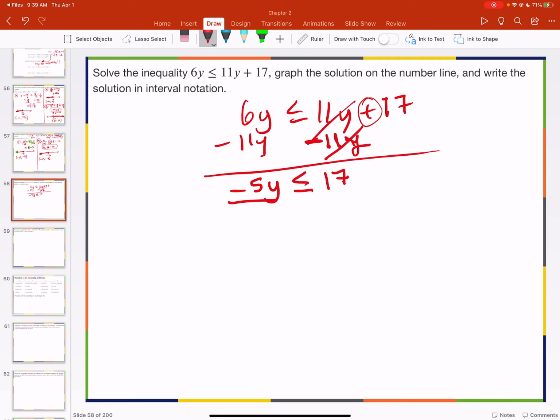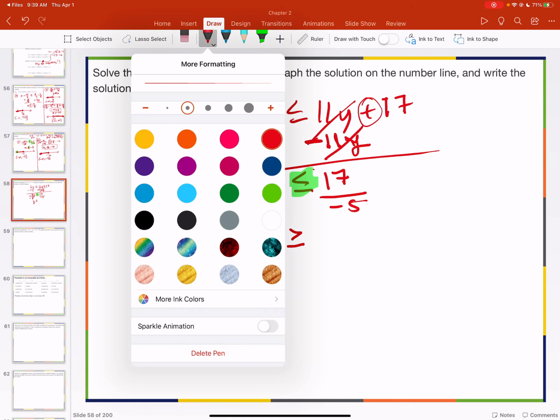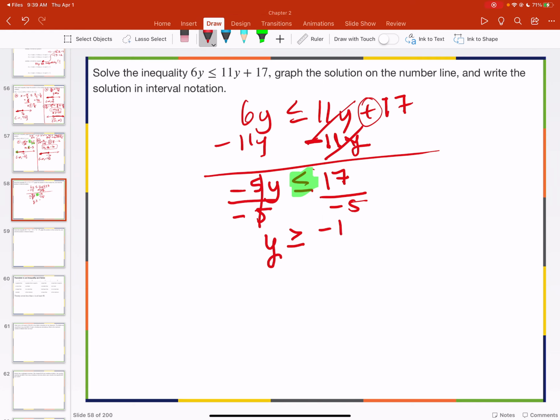However, at this point I am going to divide by negative 5, because it's the coefficient of y. So now I would switch it. I don't want you to be confused about when to switch. You don't switch when you're subtracting, and you don't switch when your answer is a negative number. You only switch when you're multiplying or dividing by a negative number. Some people get switch happy and do it when they're not supposed to.